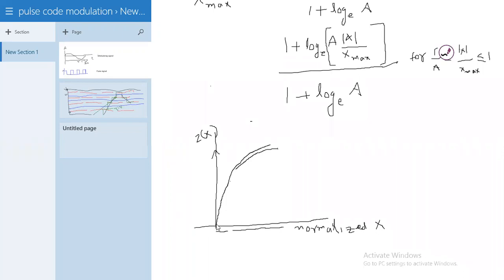At small input voltages it amplifies, and as the signal strength increases, it is compressed.